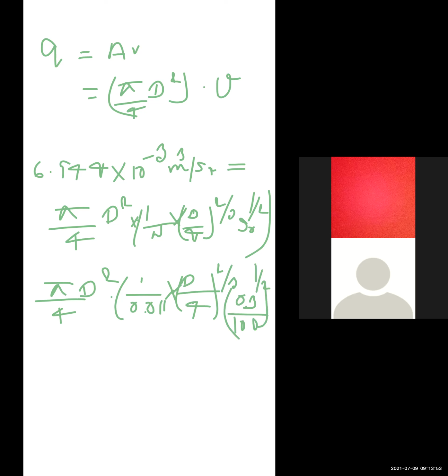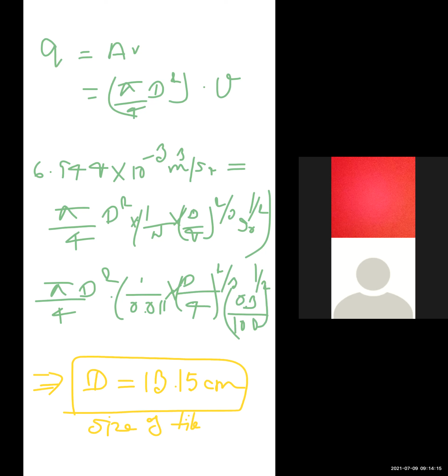Solve this and find the value of D. From this equation, the D value equals 13.15 centimeter. So this is the size of the tile drain.